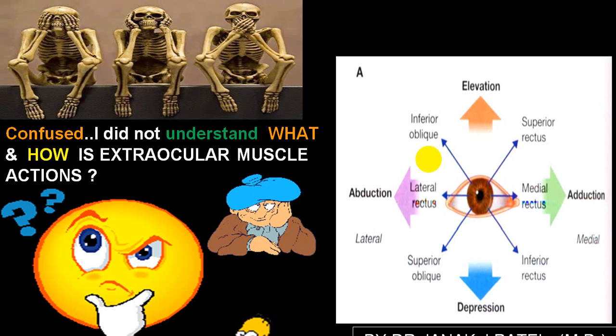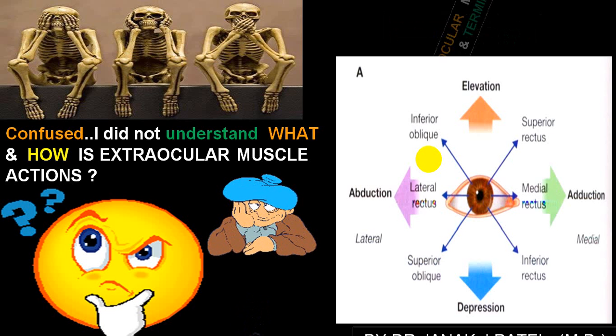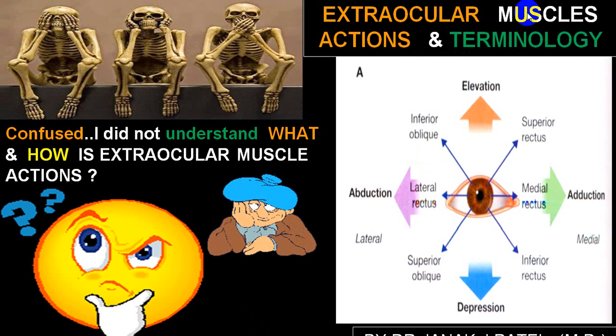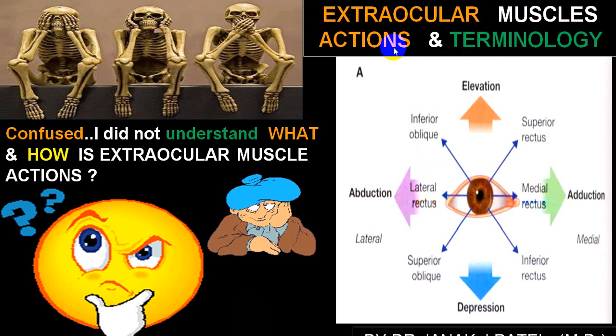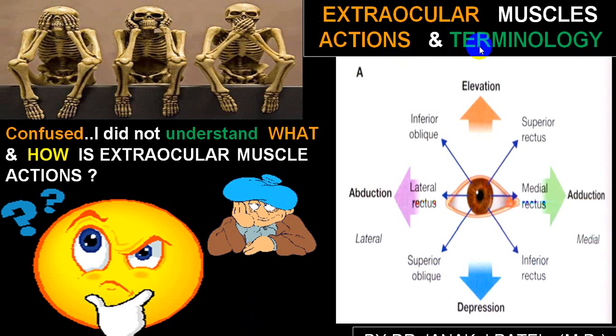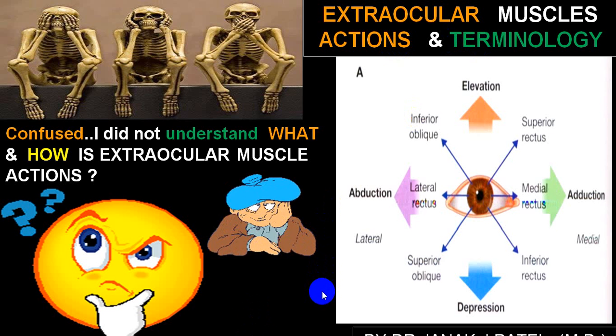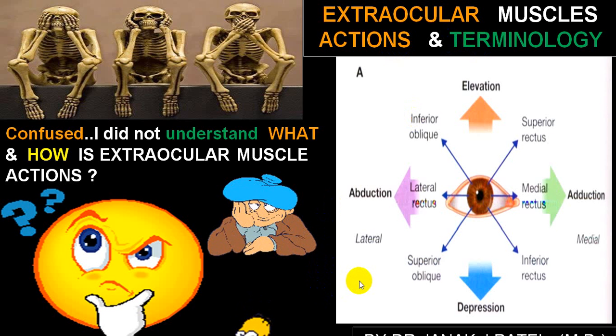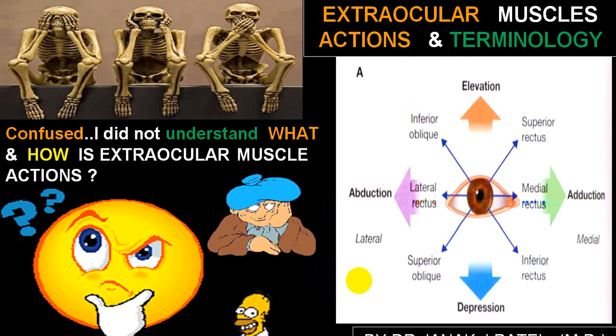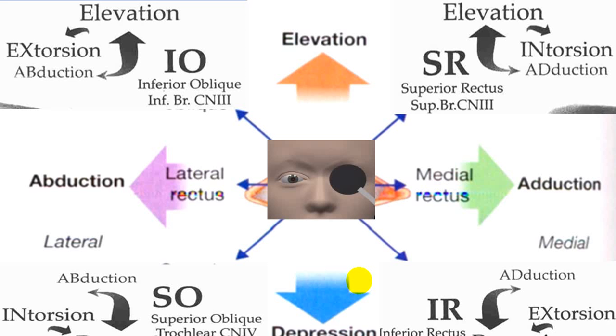We'll be dealing with all those: what are those muscles, what are the actions, and what are the different terminology which are being utilized to mention the action of those muscles. We'll be showing you the videos also.